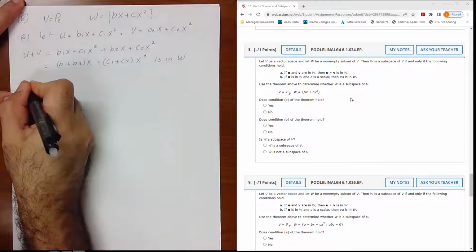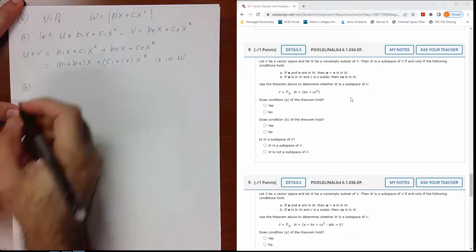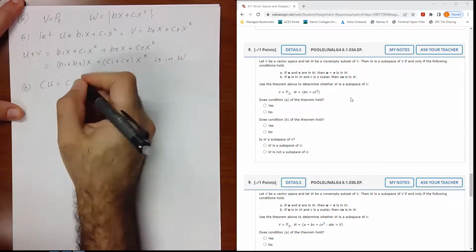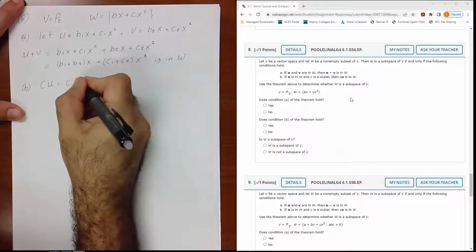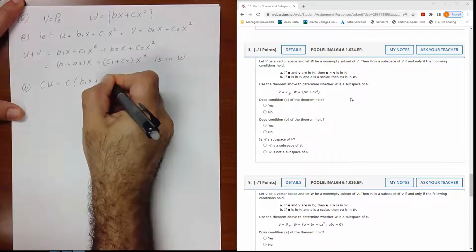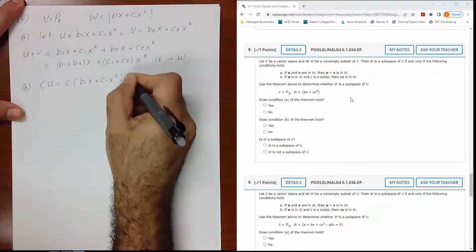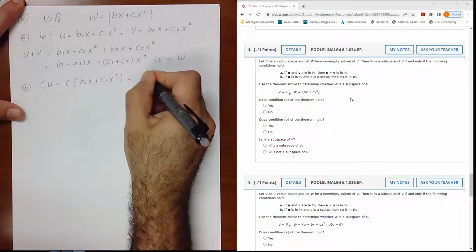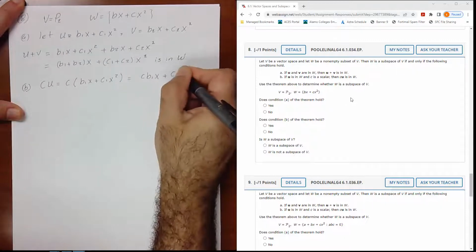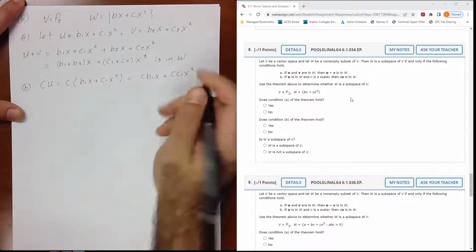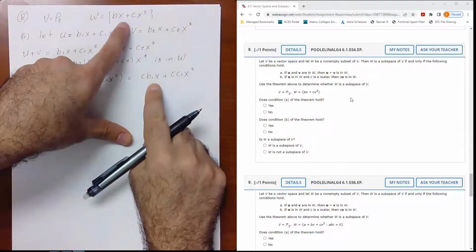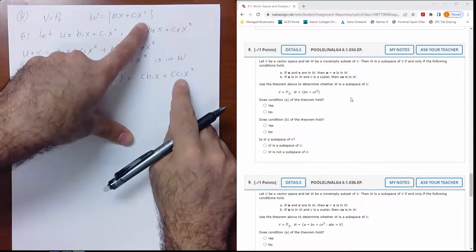Let's work on the second condition. C times U is C as a scalar times U, which is B1x plus C1x squared. So the result is going to be CB1x plus CC1x squared. Now let's look at this vector: a number with the x plus a number with x squared.